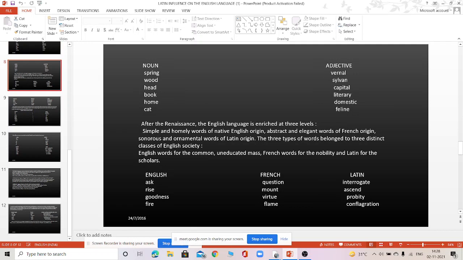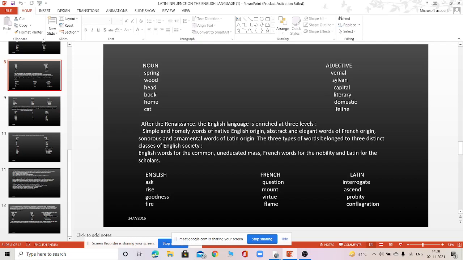So as you can see, this is continuing. Spring, the season of spring. The adjective form is vernal. Then comes wood. Wood is sylvan. Just notice that these adjectives are all of Latin origin, and they are not used so much in the English language.